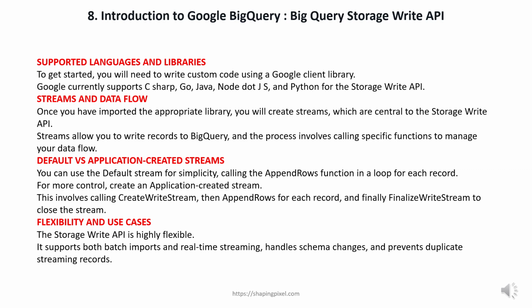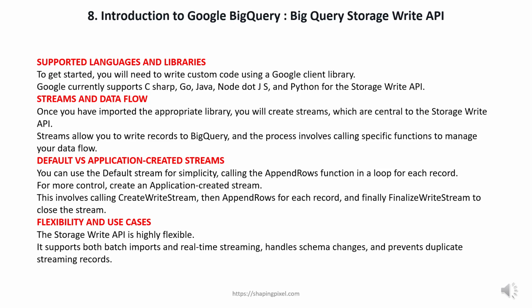Google currently supports C#, Go, Java, Node.js, and Python for the Storage Write API. Once you have imported the appropriate library, you will create streams, which are central to the Storage Write API. Streams allow you to write records to BigQuery, and the process involves calling specific functions to manage your data flow.